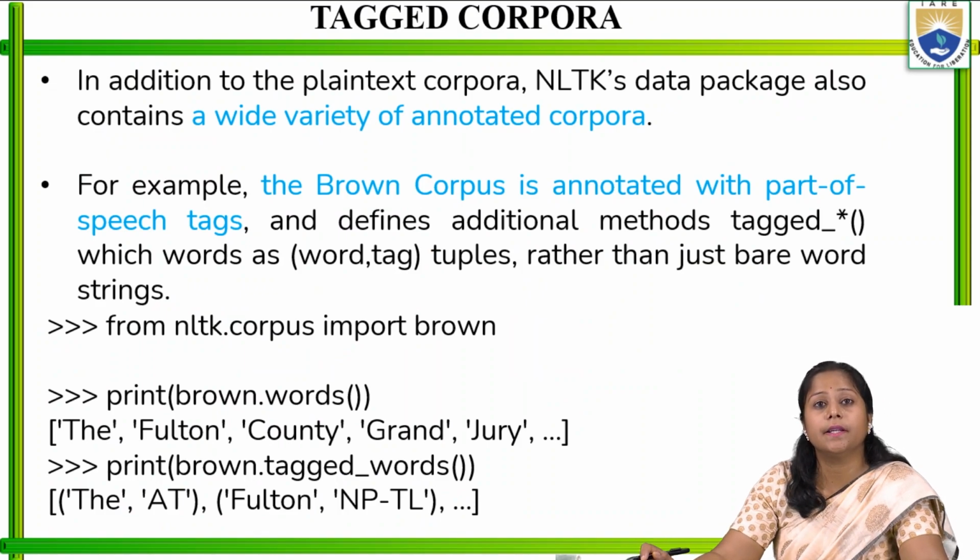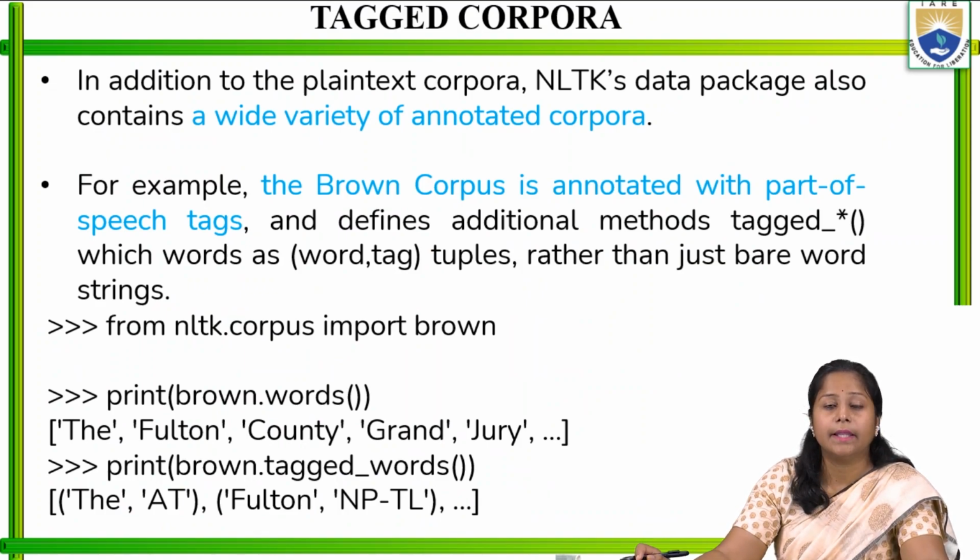Now there is another type of corpora available, that is tagged corpora. In addition to the plain text corpora, the NLTK data package also contains a wide variety of annotated corpora. For example, the Brown corpus is annotated with part of speech tags.